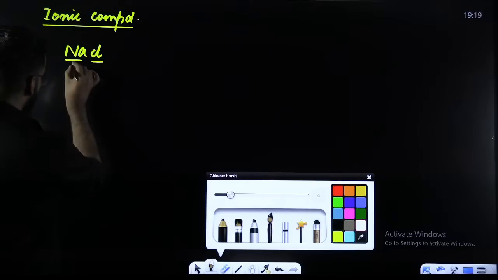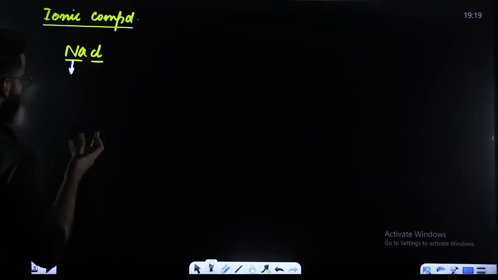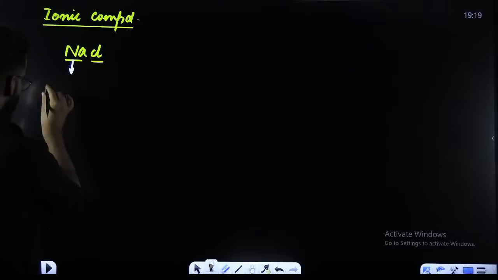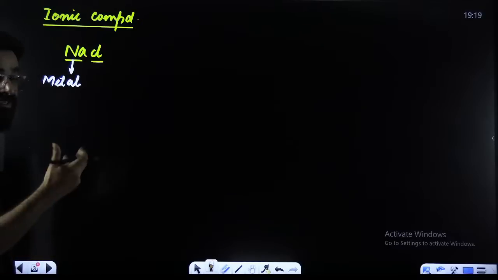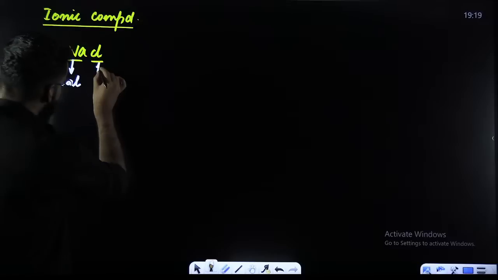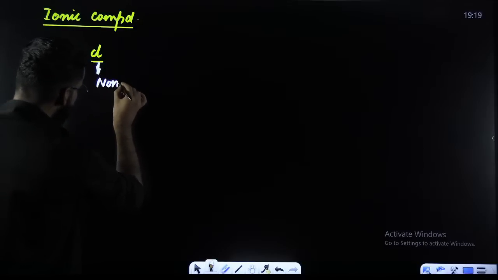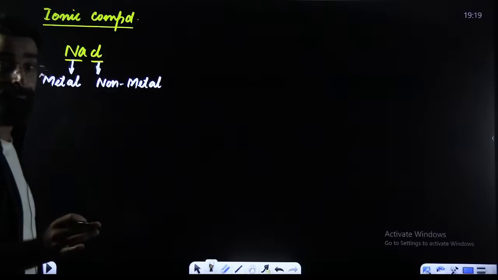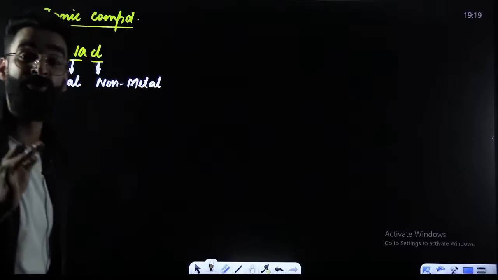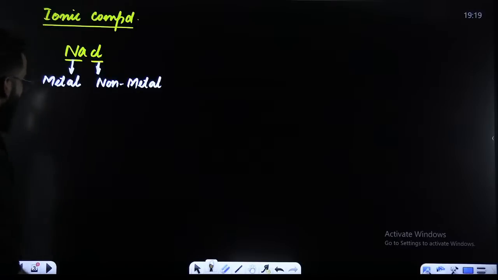My dear students, what is the nature of sodium? Is it metallic or non-metallic? Sodium is metallic in nature. What about chlorine? Chlorine is non-metallic in nature.